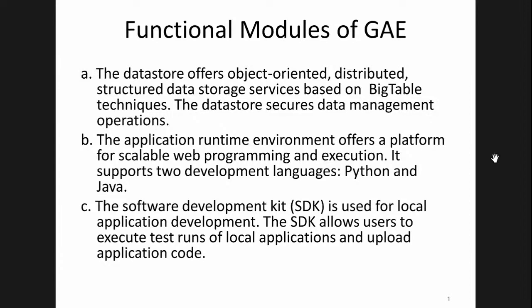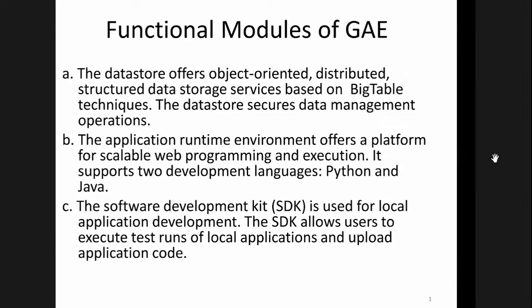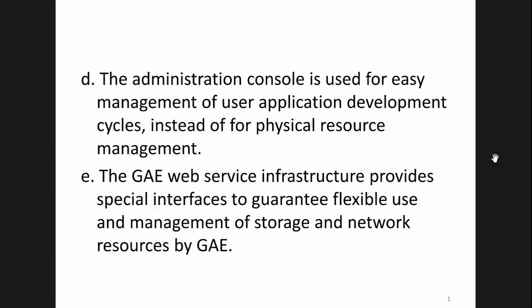Two development languages are there, Python and Java, and the software development kit is used for local application development. So users can execute test runs of local applications and upload the application code. The administration console is used for easy management of user application development cycles.